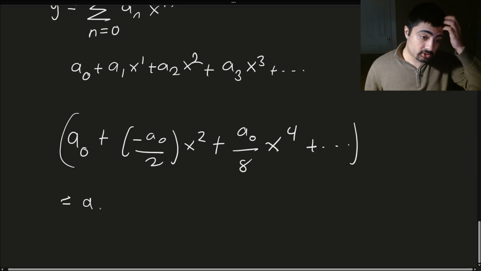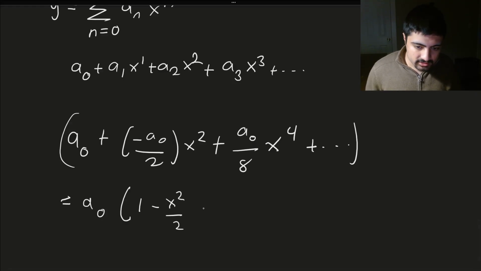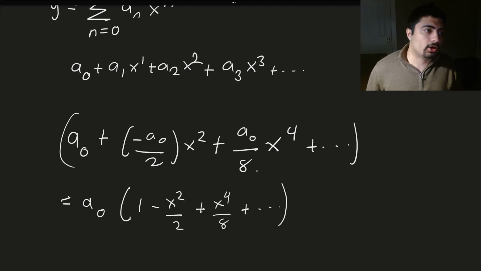So we can just pull out an a sub 0, and we're going to have 1 minus x squared over 2 plus x to the 4th over 8 plus, and it goes on and on and on. Okay, so this is our solution for even terms.